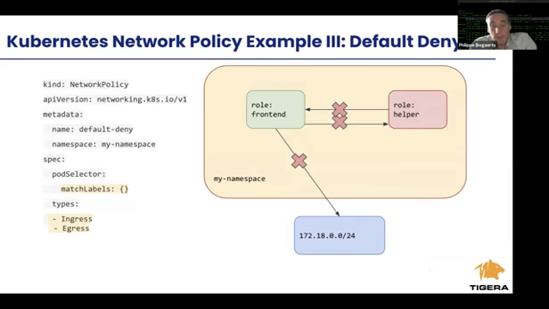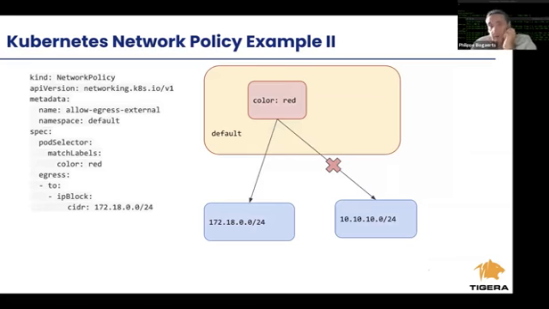So ingress, egress, mind the difference. Now, in this scenario here, as you can see, we actually controlled the egress part of color red. There is no ingress specified. That means there are no ingress rules applied.